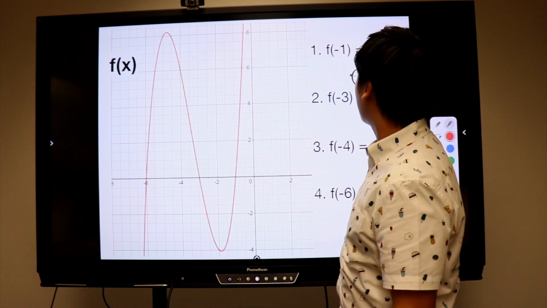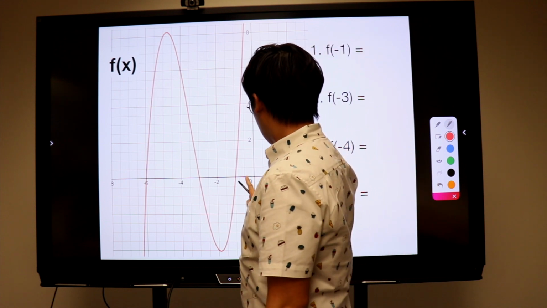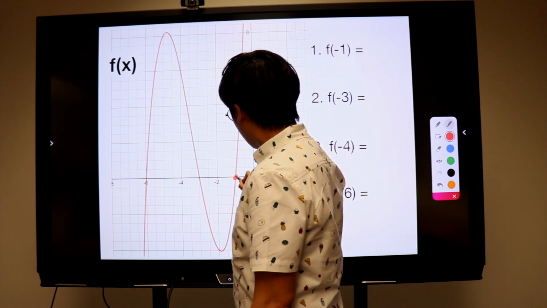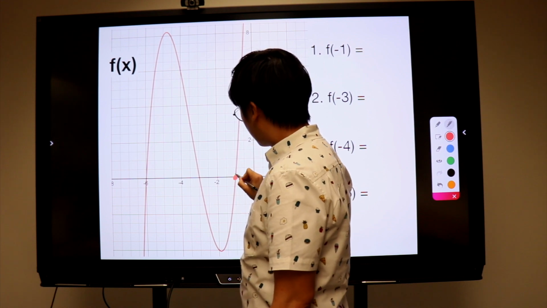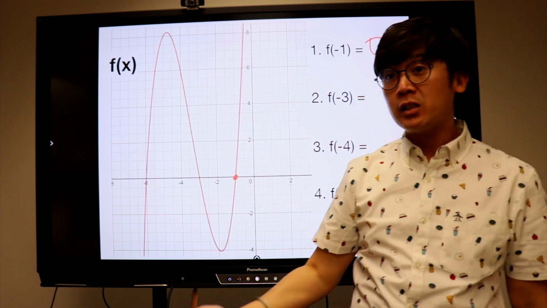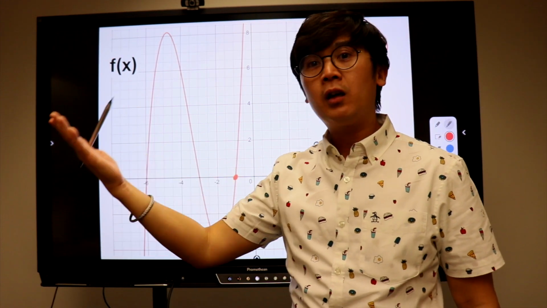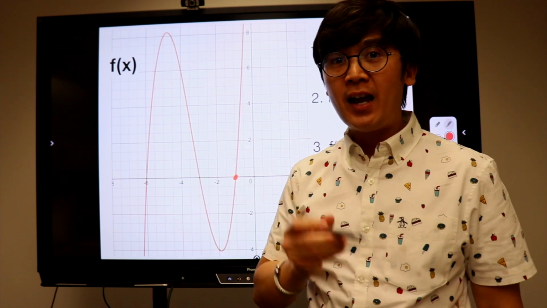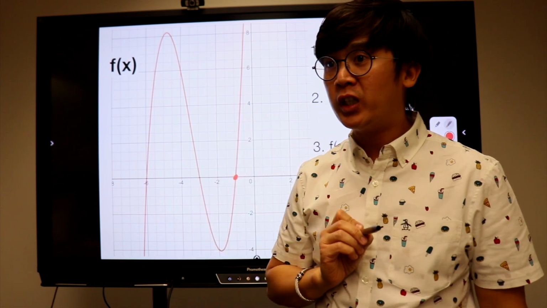If I'm asked to find f of negative 1, this is negative 1. At x equal to negative 1, what is my value of y? 0. And that's basically how you're solving some functions. Functions given an equation, you substitute. Functions given a graph, you just look at the graph and make sure that you're using the right ordered pairs.